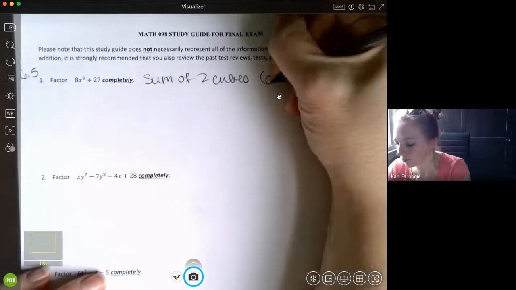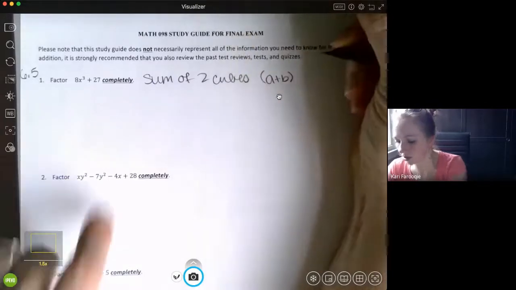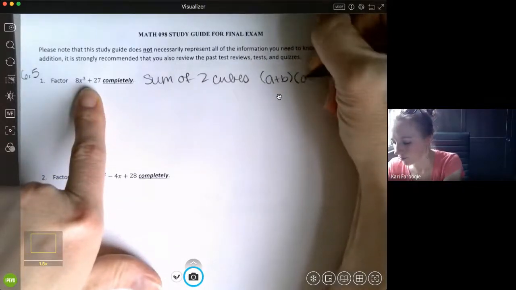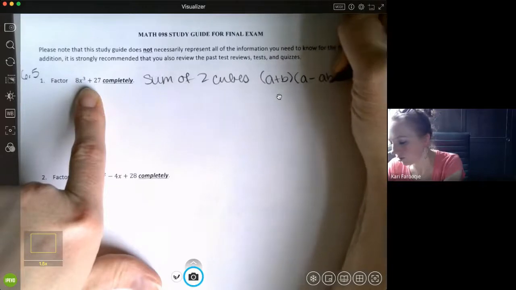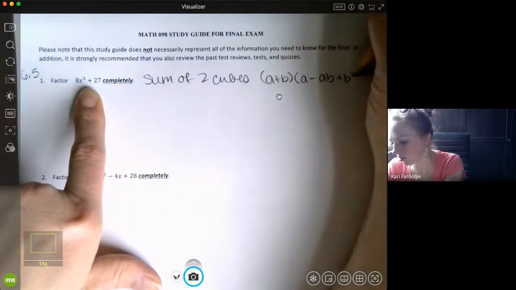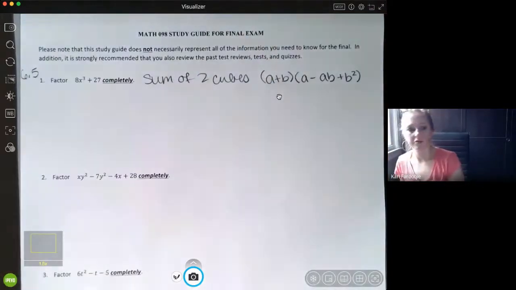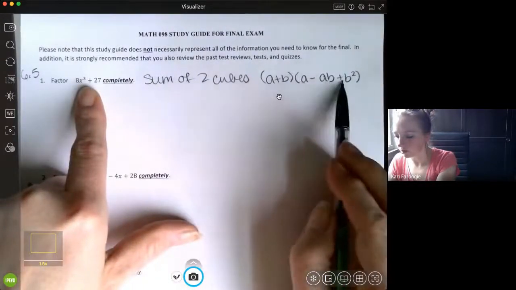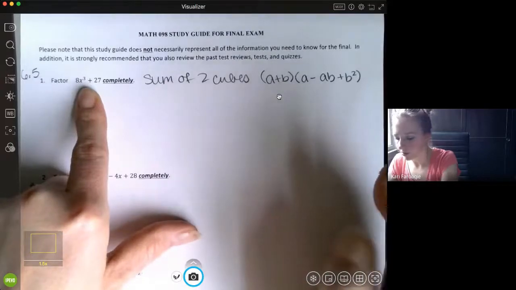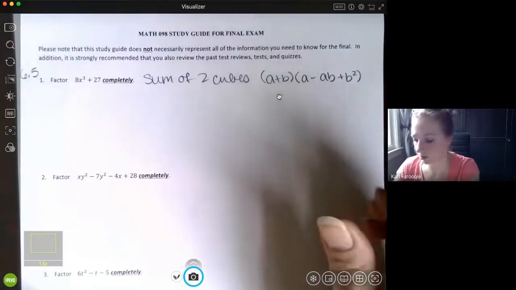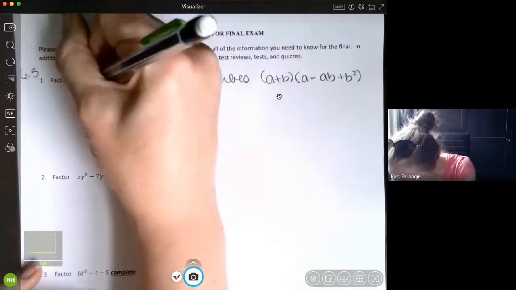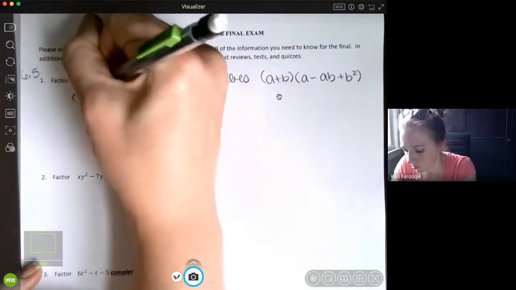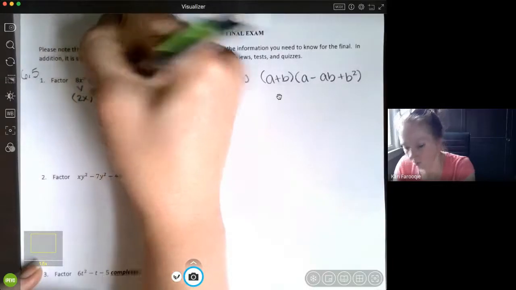So A plus B, same, because it's a plus. Opposite, A minus AB, always positive, was plus B squared. So same sign, opposite sign, always positive. In this case, we just need to figure out what A and B are. So 8x cubed is really just 2x quantity cubed.